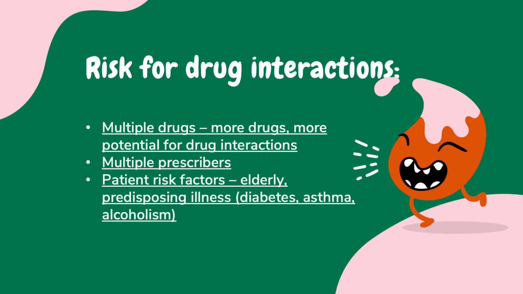So as a summary, we can prevent these incompatibilities, both pharmaceutical and therapeutic, by reviewing our patient's drug history, reviewing our patient's risk factors, and avoiding complex therapeutic drug regimens.